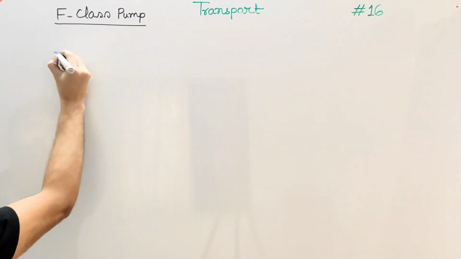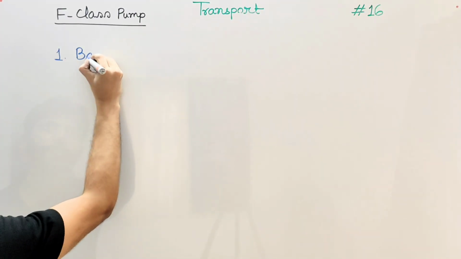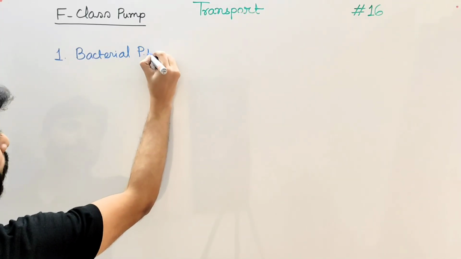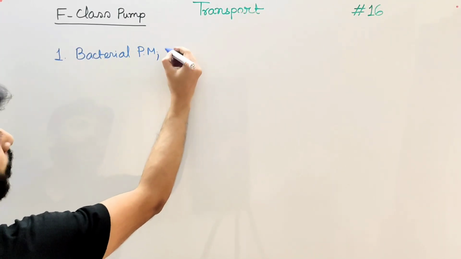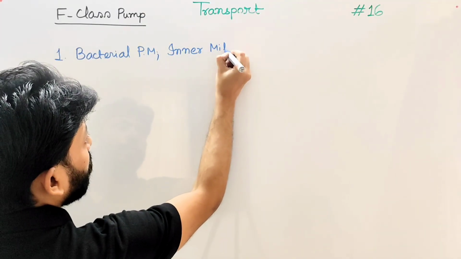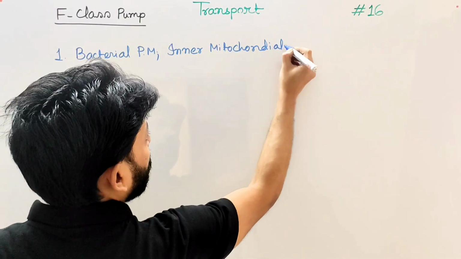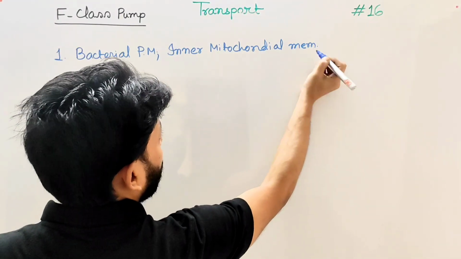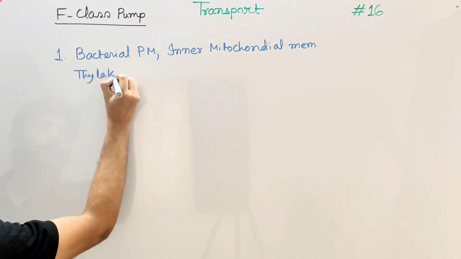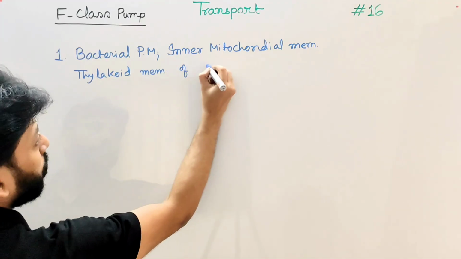The first point we have to remember is that this F class pump is present in three locations. One is the bacterial plasma membrane, then the inner mitochondrial membrane, and the thylakoid membrane of chloroplast.